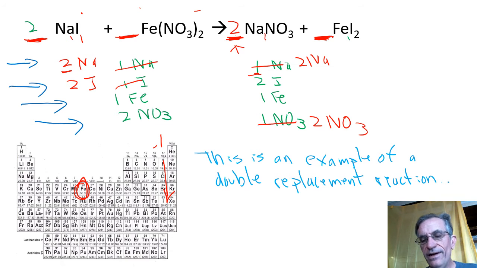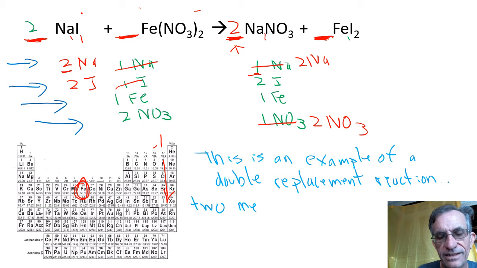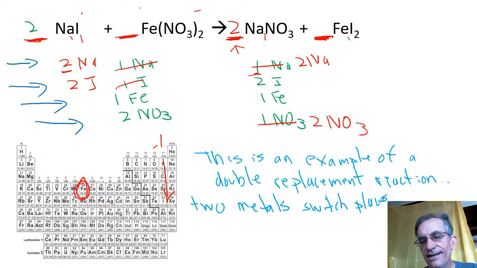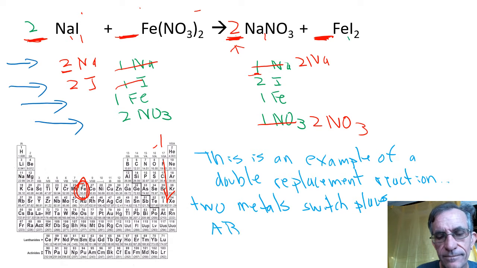Okay, so in a double replacement reaction, basically what happens is two metals switch places. Another way that might help you, let's think about it generically. Compound AB reacts with compound CD.